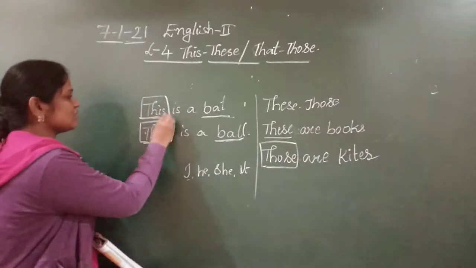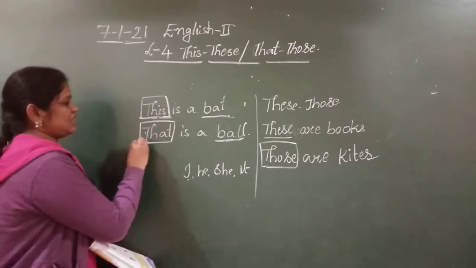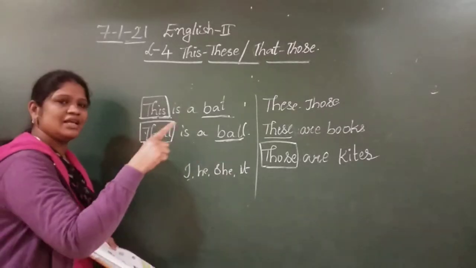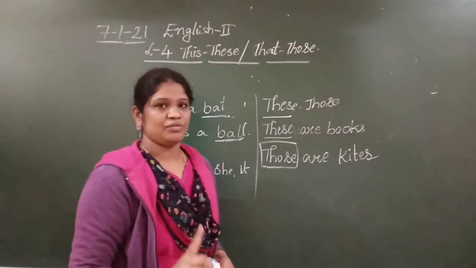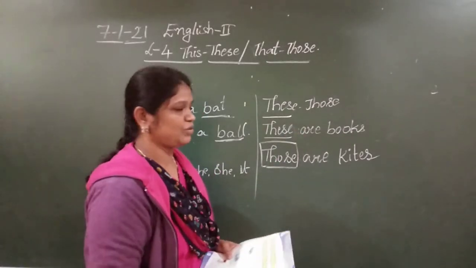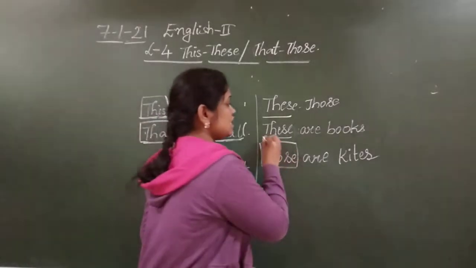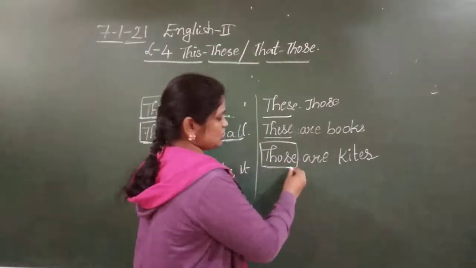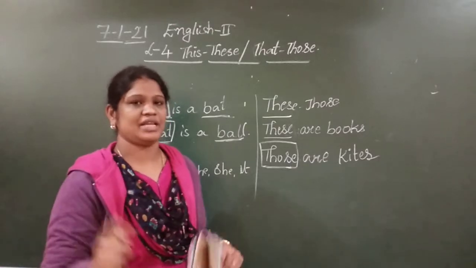Okay. This means only one naming word. That means only one naming word, far. These means plural, more than one, very near. Those means more than one but very far.